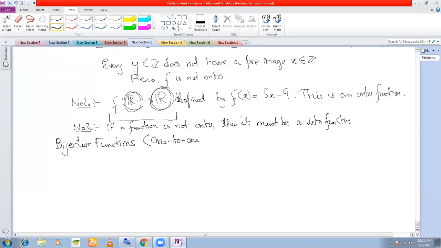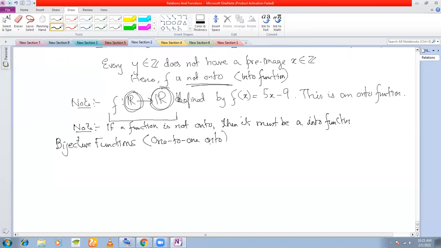That means this is not an onto function, so this must be an into function. So they can give you a question, show that this function is into. That means you just show that it is not onto, which means into.